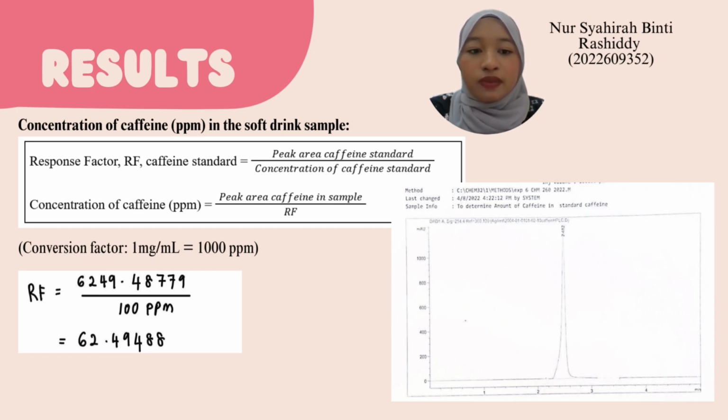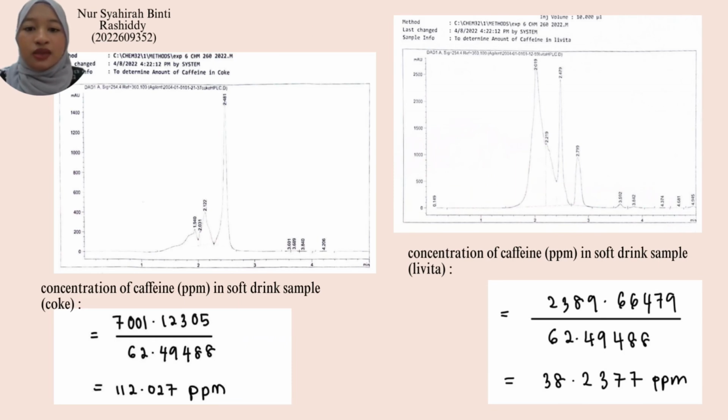and the answer is 62.49488. Next, to determine the concentration of caffeine in Coke, we use the peak area of caffeine in Coke, which is 7001.12305, divided by the RF obtained, which is 62.49488, and the answer is 112.027 ppm.